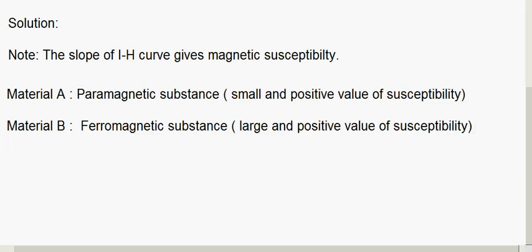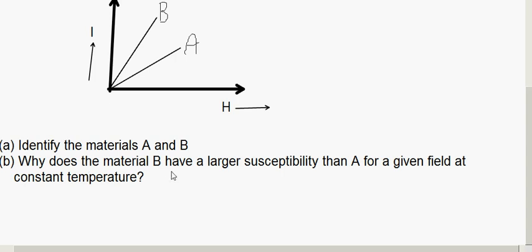Now what is the second question? Why does the material B have a larger susceptibility than A for a given field at constant temperature? Because B is a ferromagnetic material and its susceptibility is larger. Ferromagnetic material gets strongly magnetized, and hence produces larger intensity of magnetization for the same value of magnetizing field.